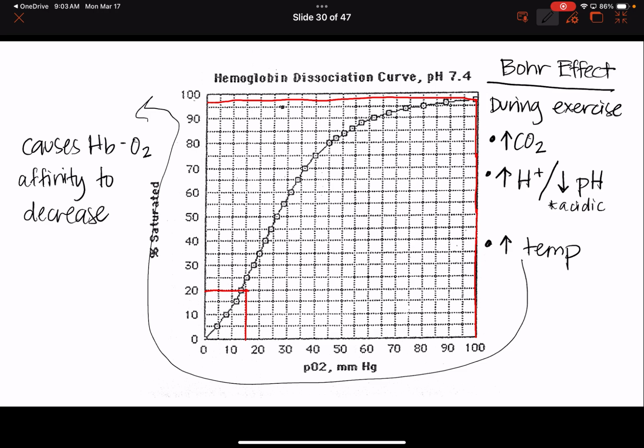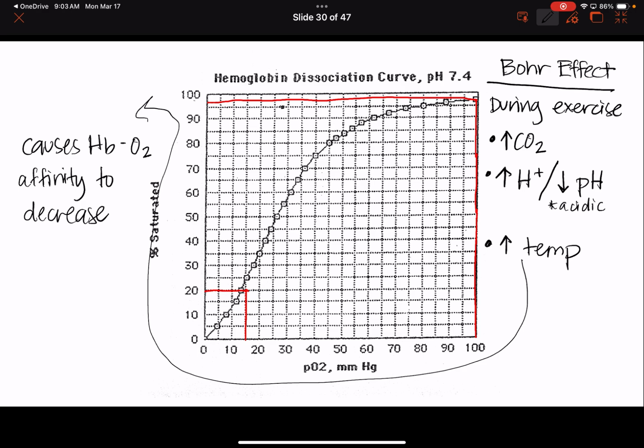With a temperature increase, with a decrease in pH, and with an increase in CO2, hemoglobin and oxygen are not so attracted to each other, which is a good thing for us because whenever we're doing exercise and using up a lot of oxygen, we need to make up this huge difference, right, from 15 to 100. So by increasing CO2, increasing temperature, and decreasing pH, oxygen and hemoglobin are not so attached to each other, and so it's much easier to deliver. It just falls right off. Okay?